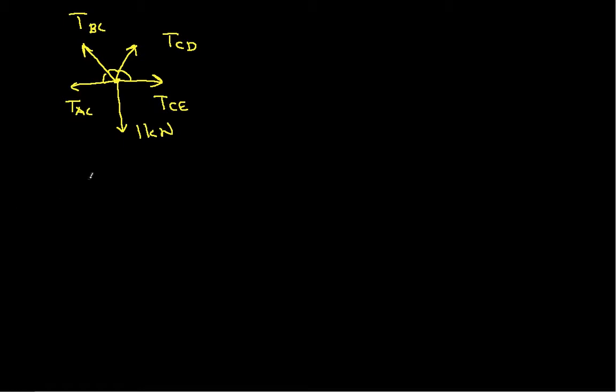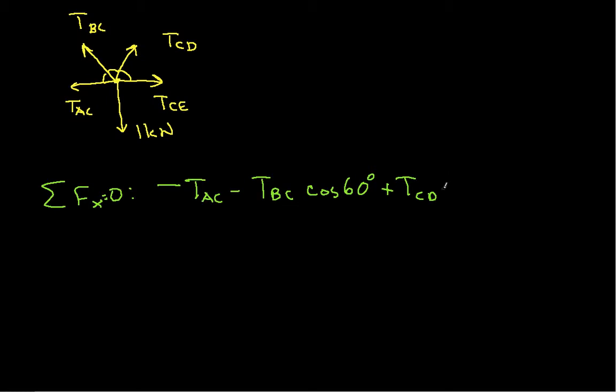Okay, so by now you're probably beginning to see what the pattern is. We apply sum of forces in the x direction is 0, and this will give us minus TAC minus TBC cosine of 60 degrees plus TCD cosine of 60 degrees plus TCE is equal to 0.